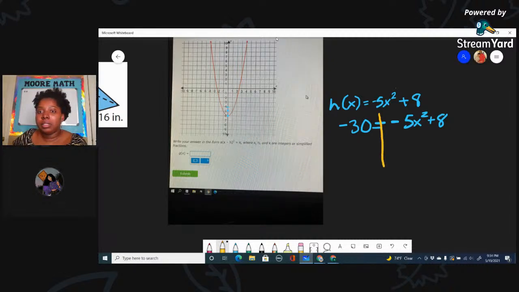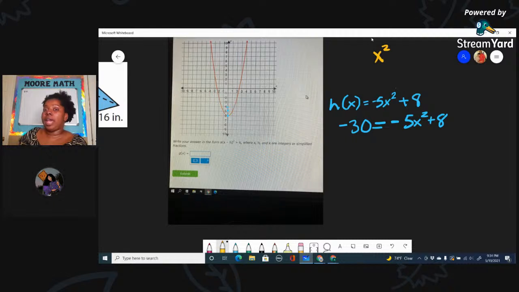Negative, no, it would be negative 25 plus 8, because you're multiplying the 5. Wait, is it in parentheses like this? No. Okay, so if it's not in parentheses, the only thing that gets squared is the x.